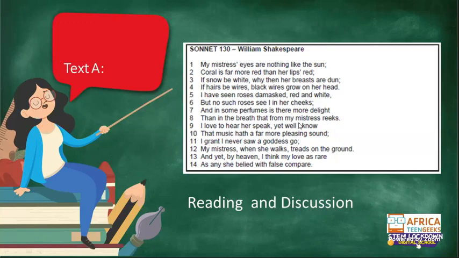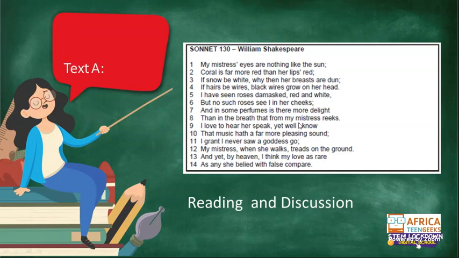My mistress' eyes are nothing like the sun. Coral is far more red than her lips' red. If snow be white, why then her breasts are dun? If hairs be wires, black wires grow on her head. I have seen roses damasked, red and white, but no such roses see I in her cheeks. And in some perfumes is there more delight than in the breath that from my mistress reeks.